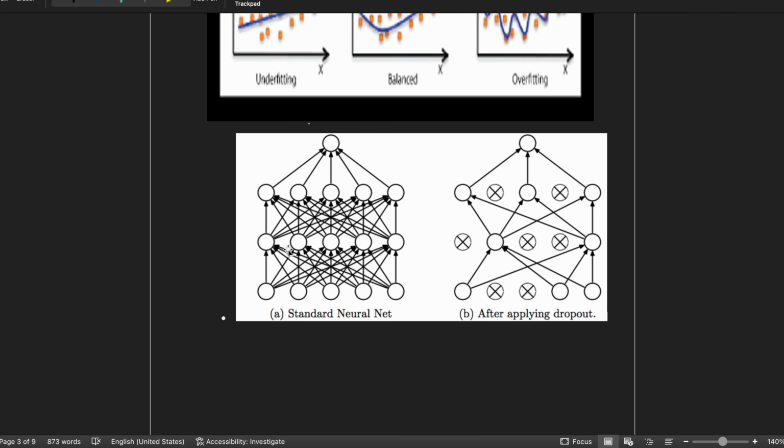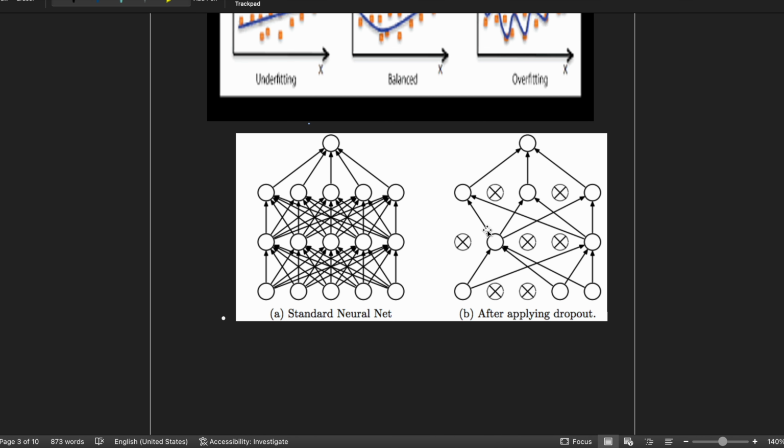So basically, you can see that this is our standard neural network. Suppose that here is the input layer and the input data are coming. We are applying a dropout ratio of 40% because out of our five neural nodes only three are active and two are not active because dropout is applied.